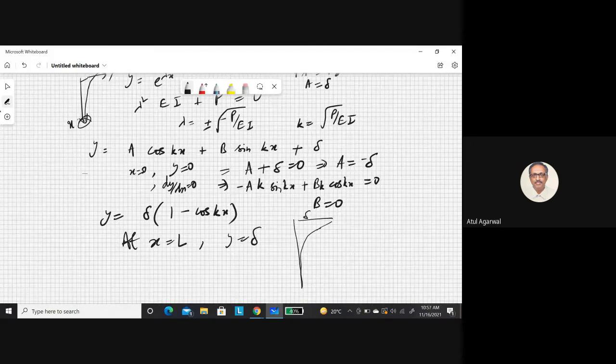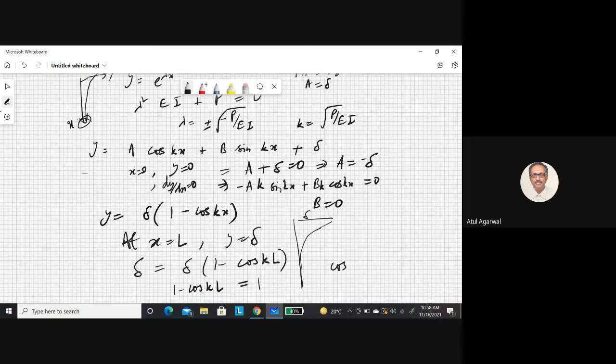So if I just put that, delta is equal to delta into 1 minus cos kL. So I am getting 1 minus cos kL is equal to 1. So what is it?